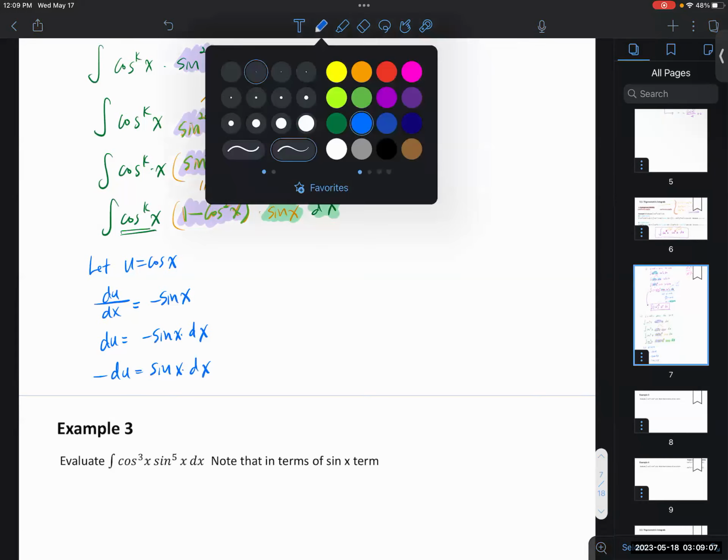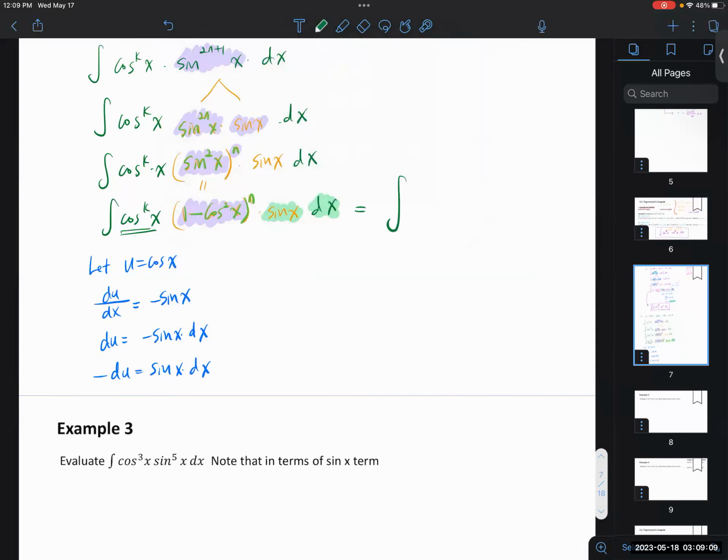So now we have pretty much everything. Cosine is u to the k, and 1 minus u squared, because cosine is my u. And sine x dx has been negative du. So I'm going to bring the negative to the front. So u to the k, 1 minus u squared to the n du.